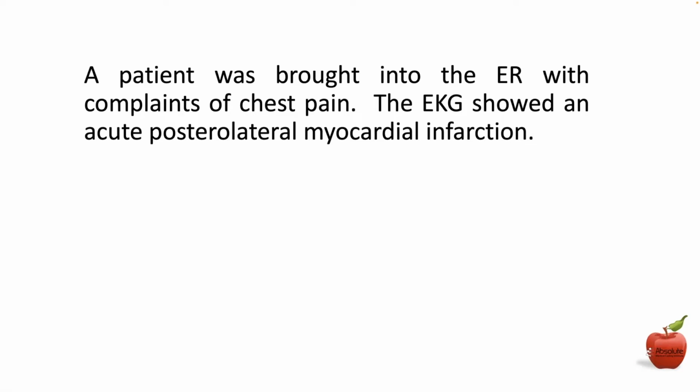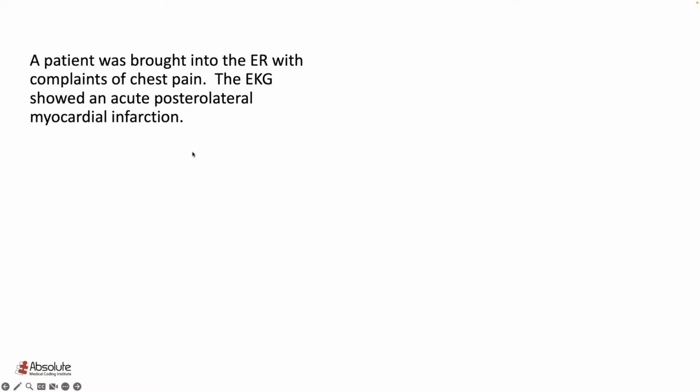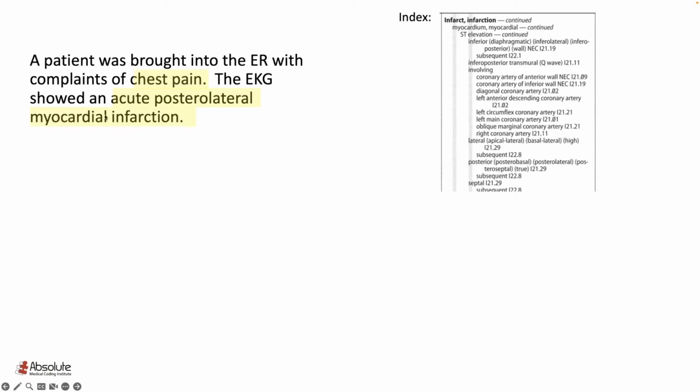We're going to highlight our key terms. Our key terms are chest pain, acute, posterolateral, myocardial infarction. If you noticed, I said infarction a whole lot at the beginning, and that's on purpose because this is what we're coding for.